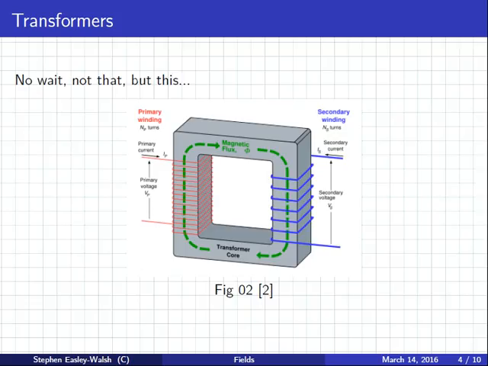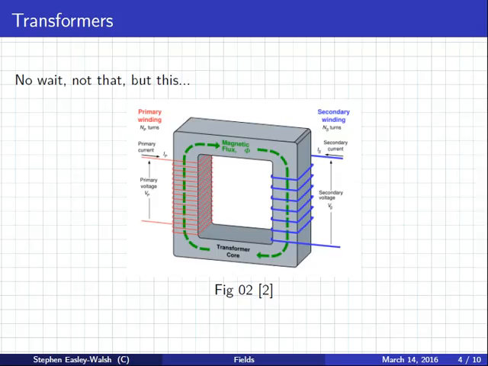So let me just explain the picture. All a Transformer is in physics is you have a piece of iron and you have a wire that's wrapped around it this way, and then there's another wire wrapped around this way. So it's simple, it's 3 parts.